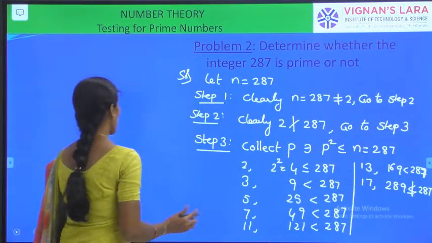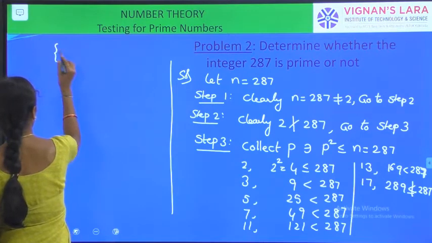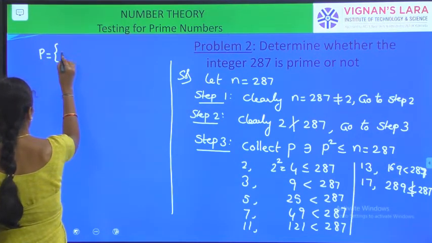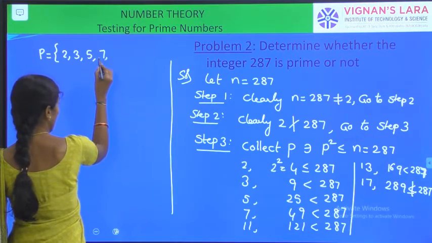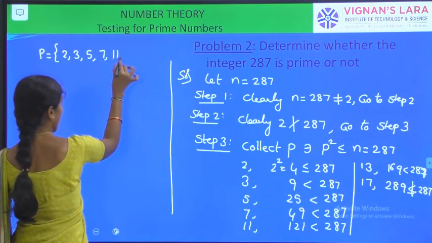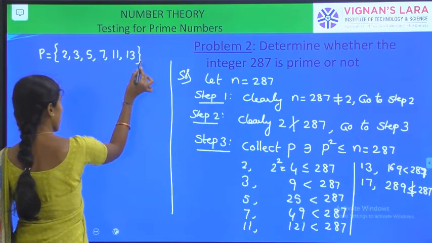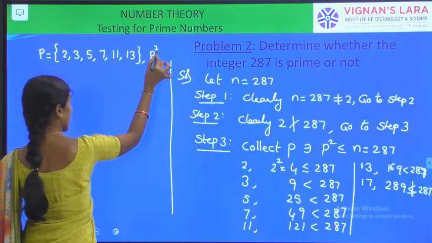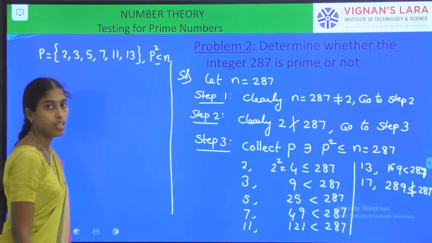So now we have to collect these set of numbers. What are those p values? 2, 3, 5, 7, next one 11, next one 13. These prime numbers satisfy the condition p square less than or equal to n.